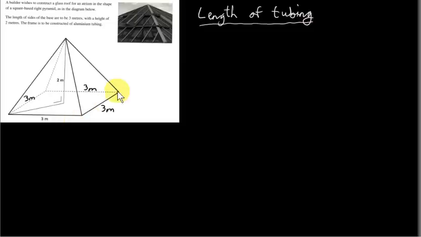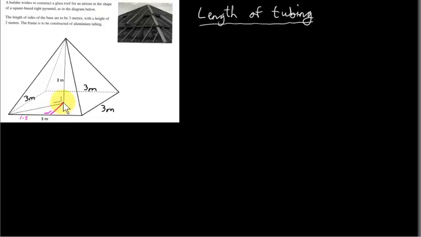Well, we know that the length of the sides of the square base is 3 meters. So we're going to have 4 lengths of tubing, 3 meters each. What we want are the slanted edges. We can look at this right angled triangle here, which lies in the square base.